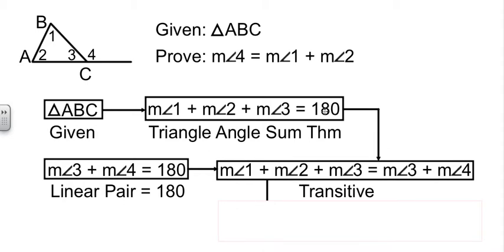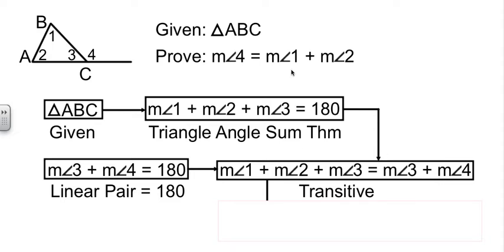I took this 180 out, and I put this stuff here, measure angle 3 plus measure angle 4, in its place. So notice I have two arrows leading to that statement because they came from here, and it also came from here. The two combined together to make one statement.